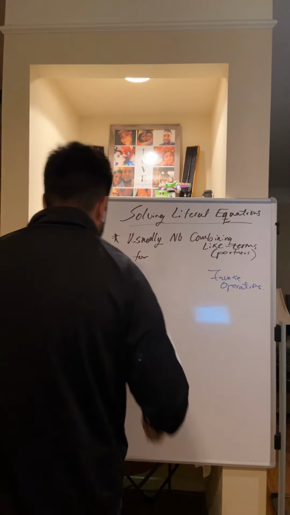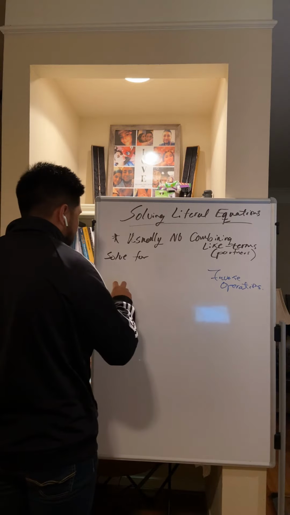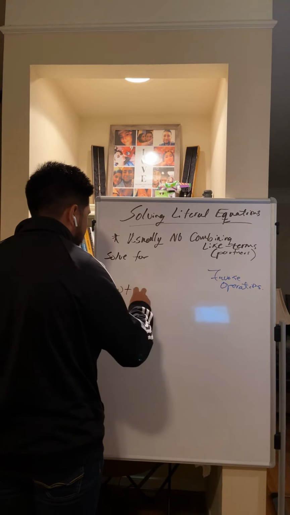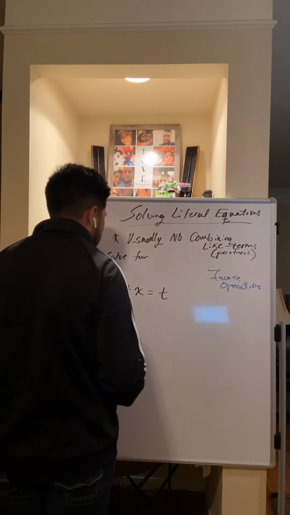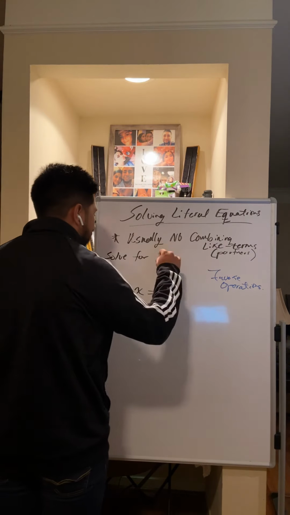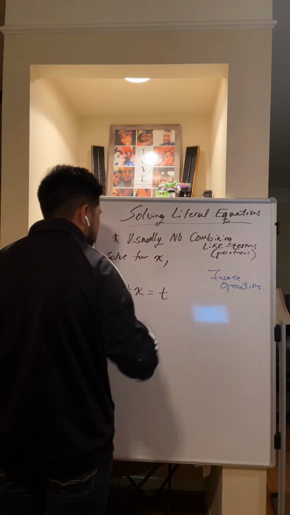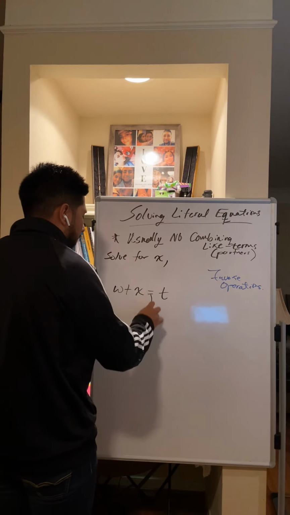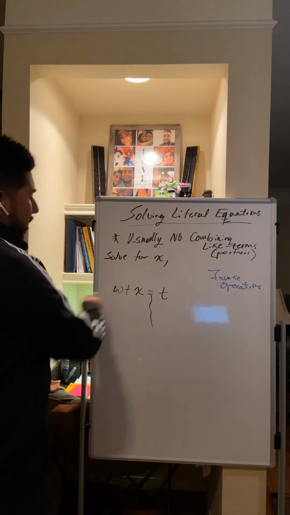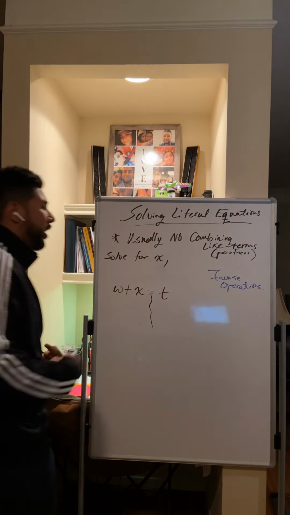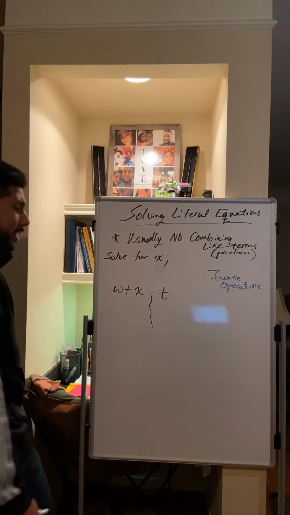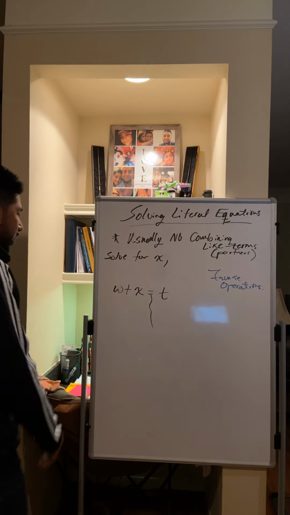Okay, this one's not too bad. This one says W plus X equals T. We need to solve for X. That means I want this X by itself. "Sir, but this is not multiplying, this is adding." You're right. What's the opposite? What's the inverse of adding? And we already know how to do this.